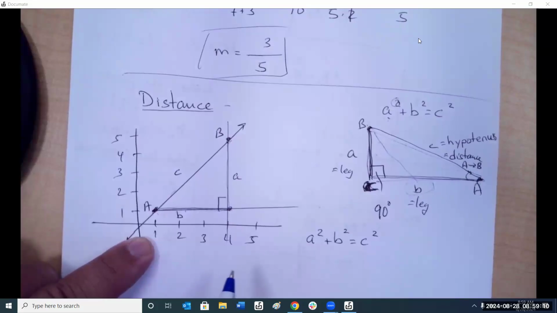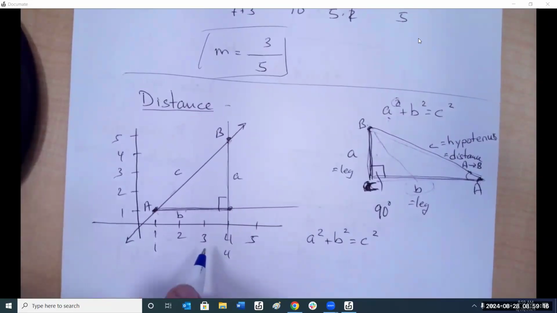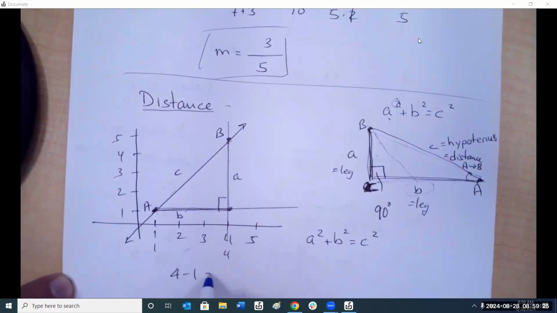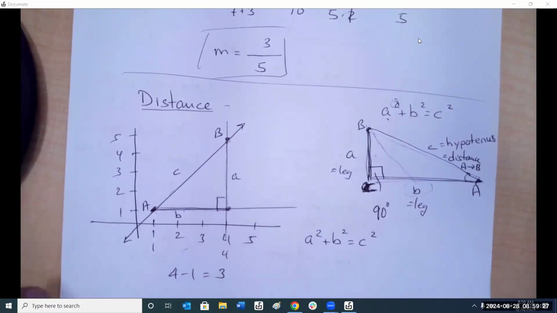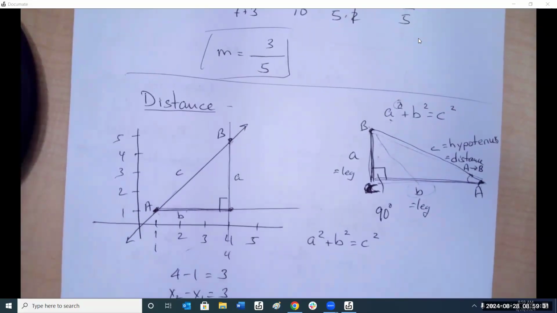How'd you get that? We're starting from here, going to here. Remember what we did earlier, the delta, the change? The horizontal change is from 1 to 4, so it's 4 minus 1 is 3. So we do the x2 minus x1, we get 3. So that is what b is equal to.